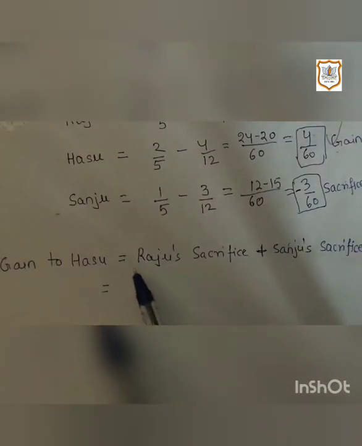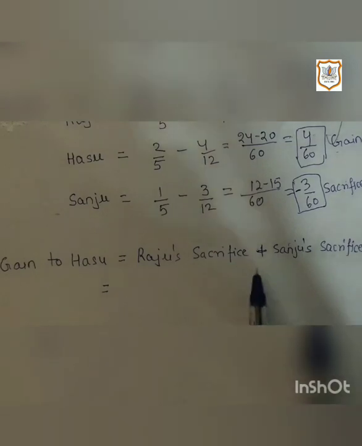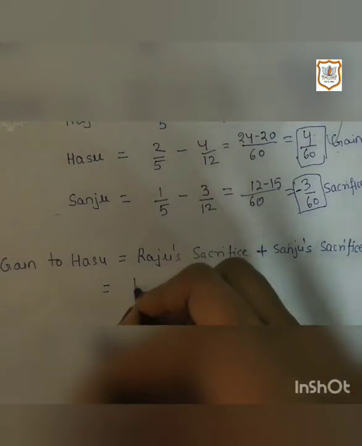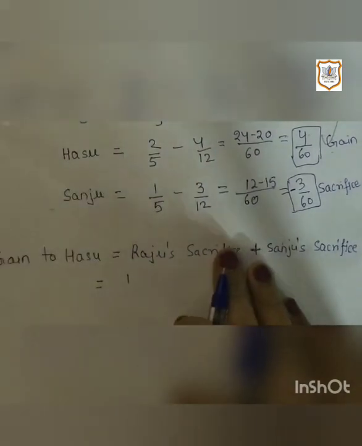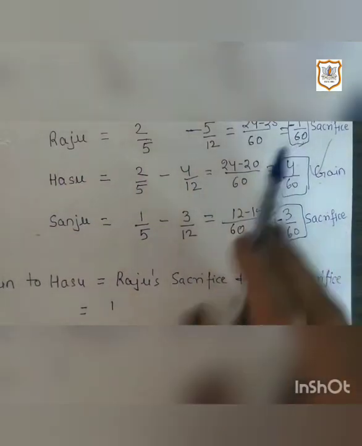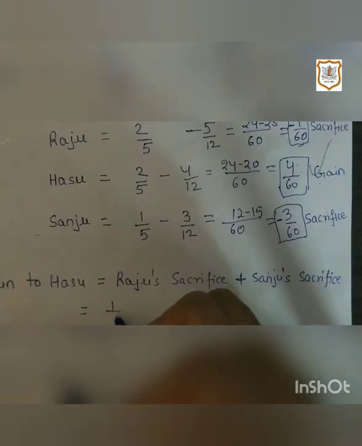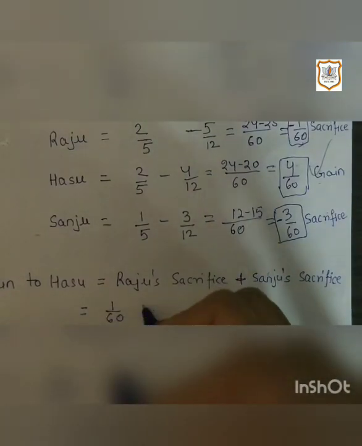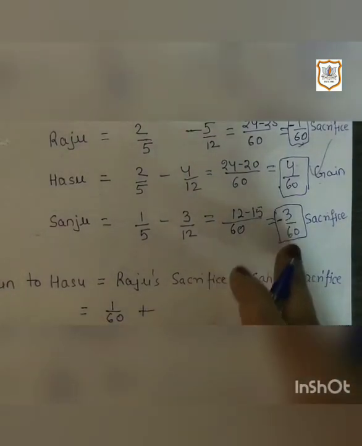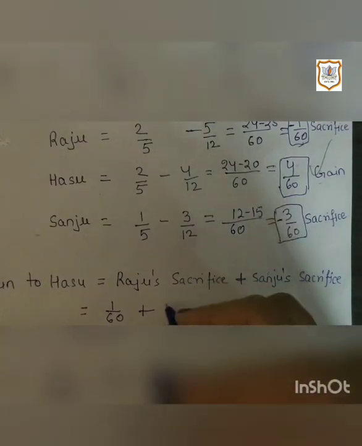Gain to Hasu is equal to Raju's sacrifice plus Sanju's sacrifice. Here Raju's sacrifice is 1 by 60. So we will write here 1 by 60 plus Sanju's sacrifice is 3 by 60.